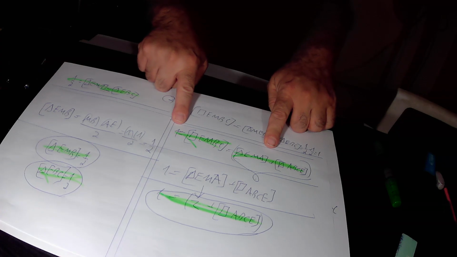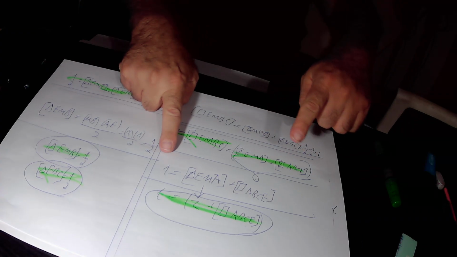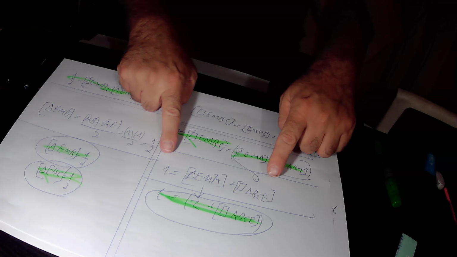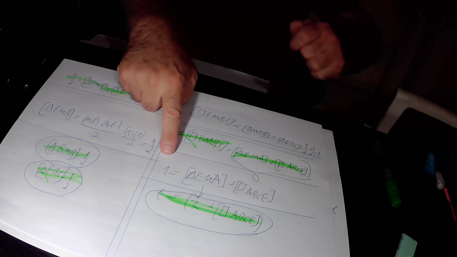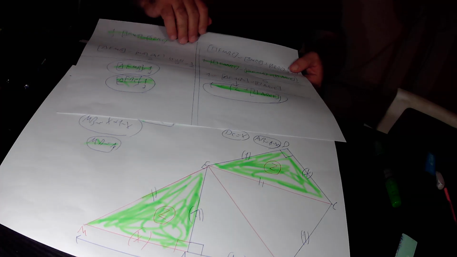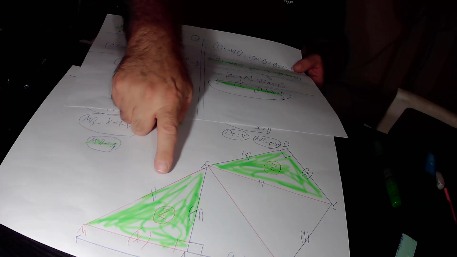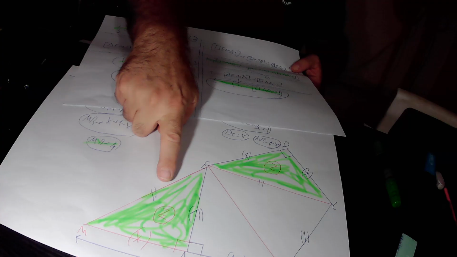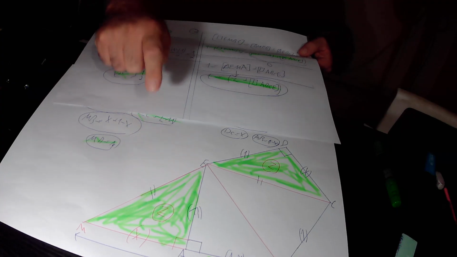Again, 1 equals the area of the green triangle EMA plus the area of quadrilateral ABCE. But we found out that the area of this green triangle EMA is equal to Z, or Z squared in size, according to our definition.